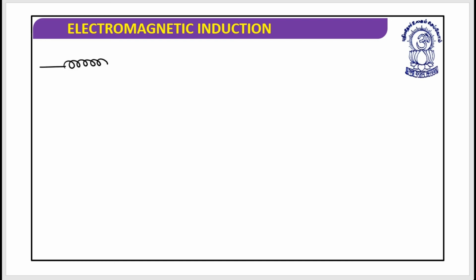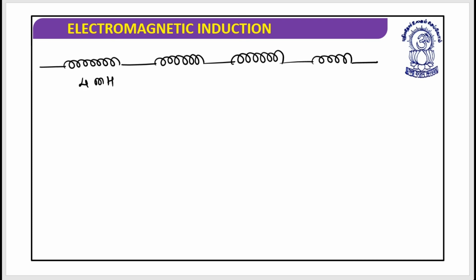Let's suppose the situation is this is first, this is second, this is third, and this is fourth, of 4 millihenry, 2 millihenry, 3 millihenry, and 4 millihenry. This is the A end, this is the B end.